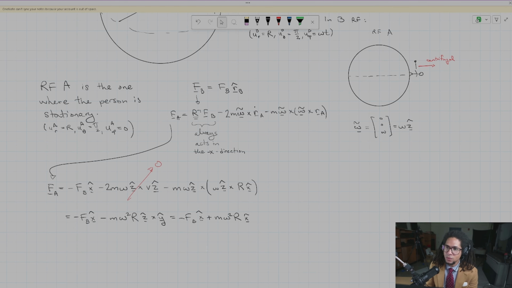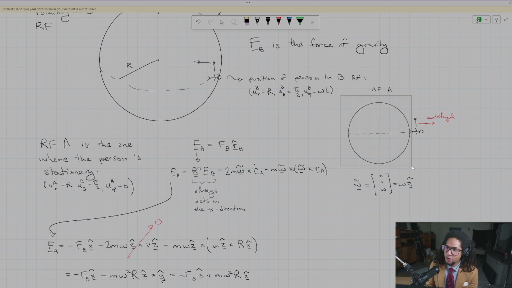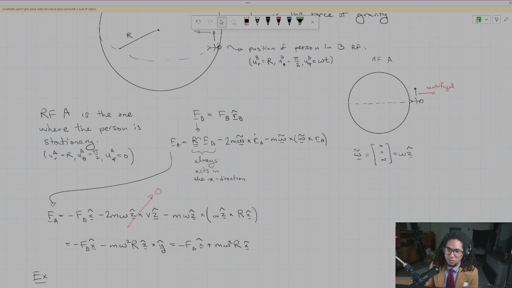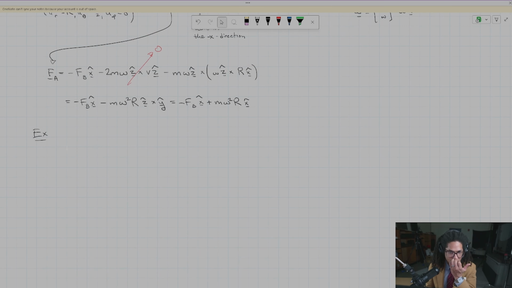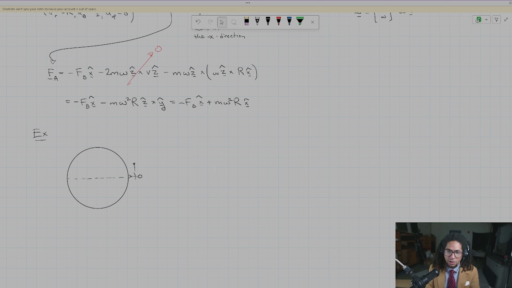Okay, what about a second example? I'm going to take the same physical setup for the most part. Except now, instead of throwing the ball up, let's have it thrown into the board. So in the positive y direction, v y hat. Okay, I'll have FA is equal to minus FB x hat.